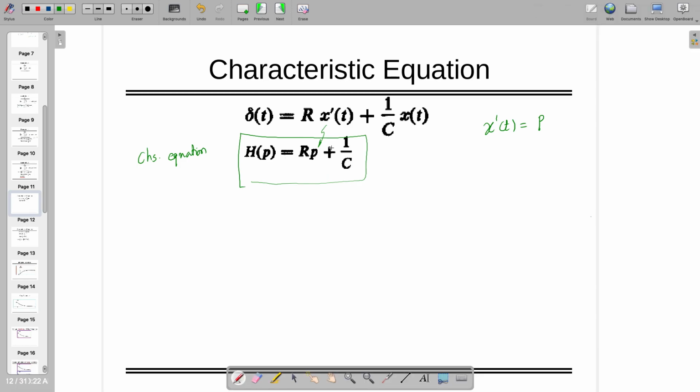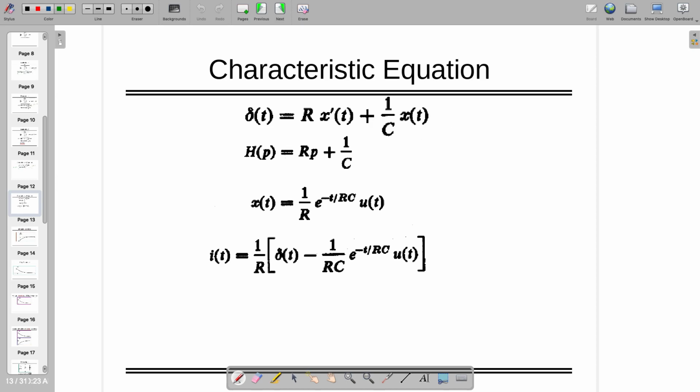So now what will be the solution? P, you need to take it one side, and you need to keep this one equal to 0, right? In that case it was 4, right? But right now it's 0 in this case. So what will be the solution? Minus 1 by RC, right?